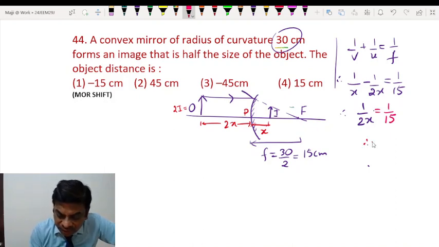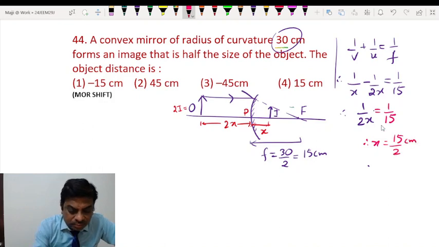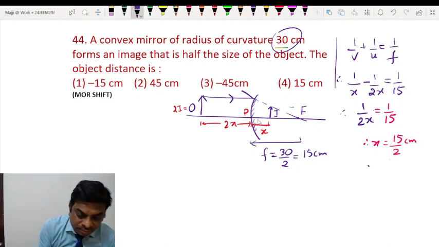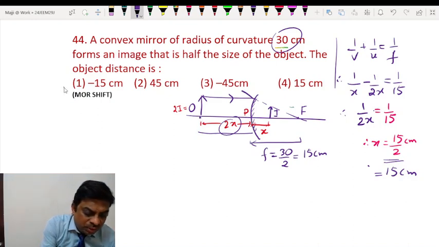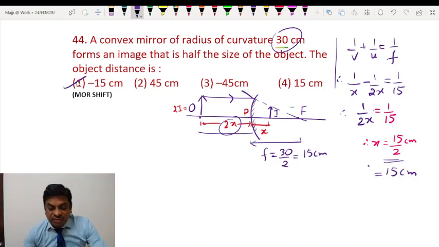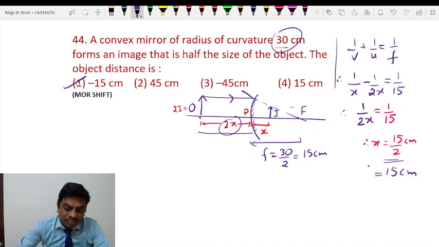Okay, right. So x is equal to 15 by 2 cm. But since we are asked to find the object distance, it will be double of this. So we have 15 cm. Since the object is placed to the left of the pole, we will go with the minus 15 cm option.